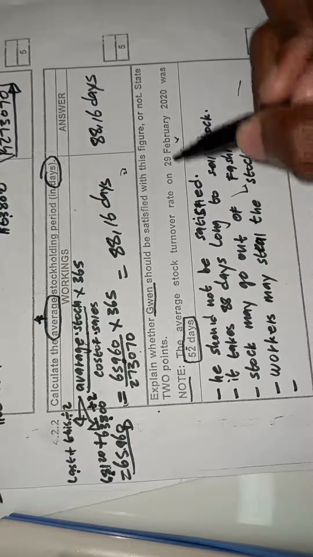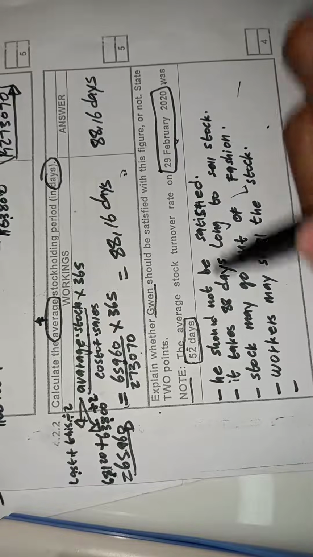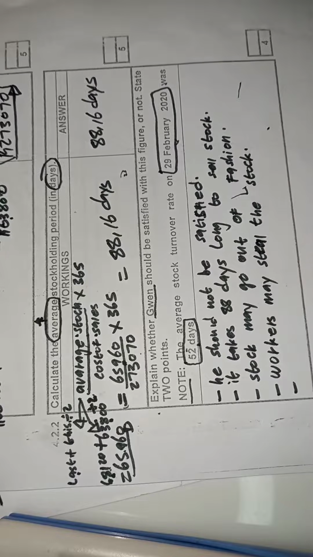Another one, remember they said in February, which is last year, February 2020, the stock turnover rate or the stock holding period was 52 days, which means the stock was selling faster. So now it's 88 days.